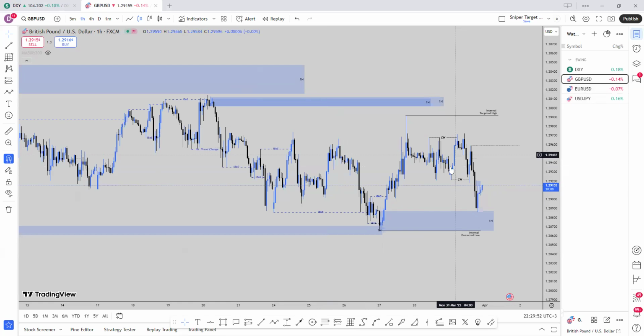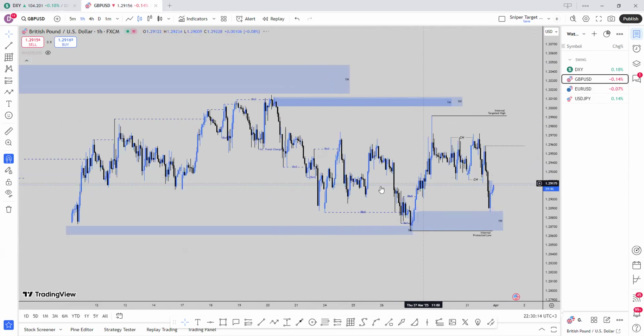Again, also, if you look at the fractal structure, we broke fractal structure to the upside, and then almost immediately, we broke it to the downside. So at least I want to see price moving consistently in one direction for me to consider that pair tradable. And for now, GBPUSD is really not giving good vibes.